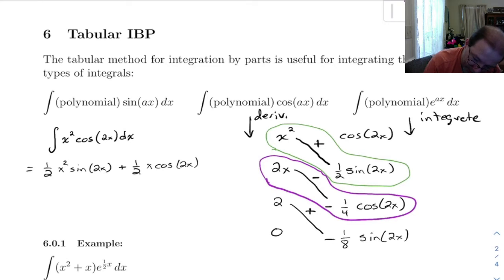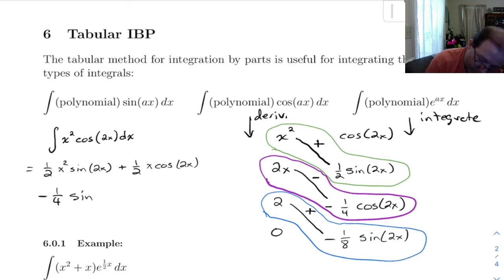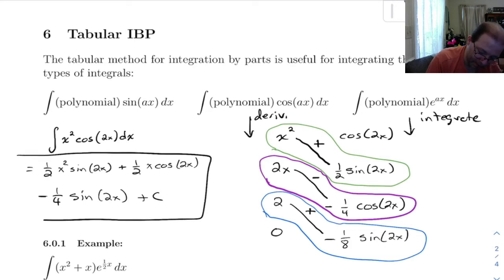And then the last one down here gives us 2 times negative 1/8. That gives me minus a fourth. Run out of space, I'll write it down under here. Minus 1/4 sine 2x plus c. I don't like breaking things up over lines like that, but that's the method you use to do tabular.